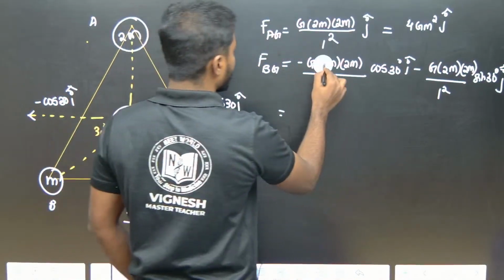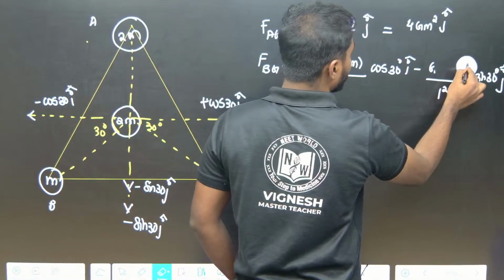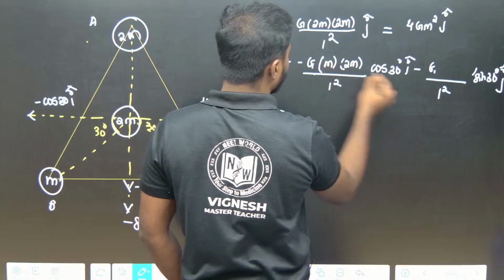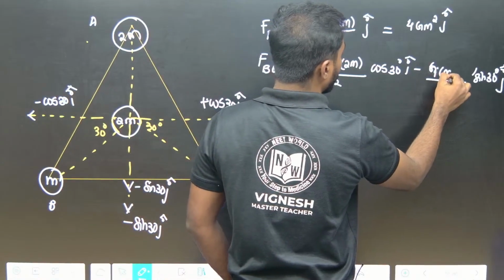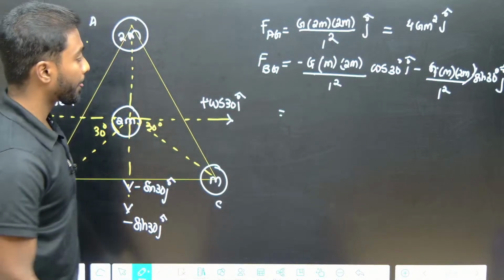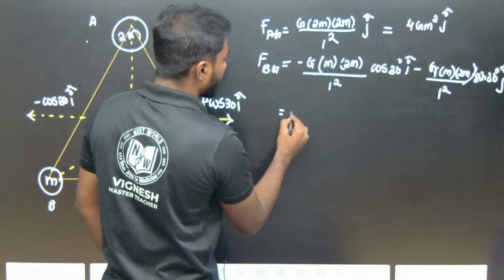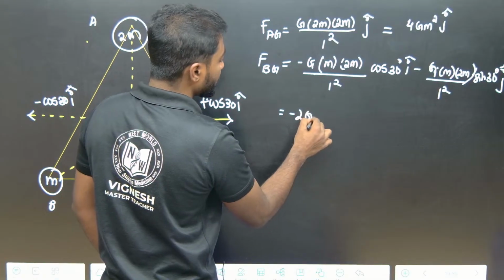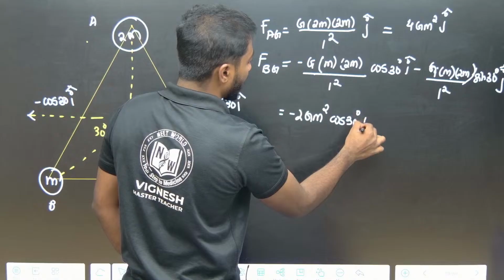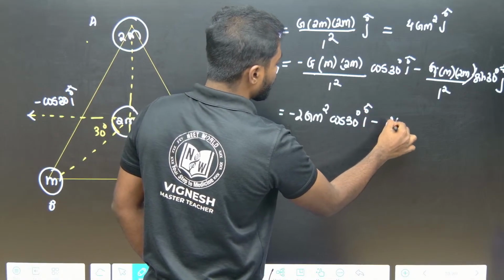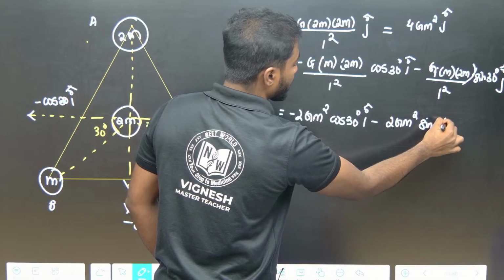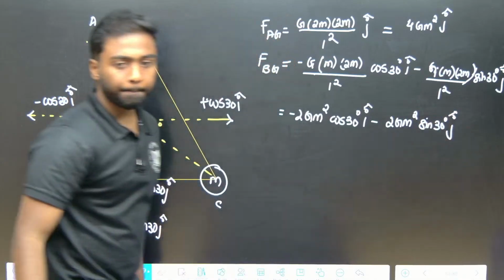So, this is my only m, okay, only m into 2m, not 2m into 2m. So, it is minus 2GM square cos 30 degree I cap minus 2GM square sin 30 degree j cap, right.